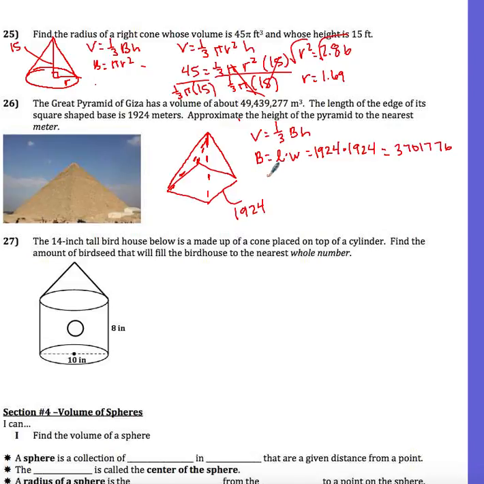Okay, so I know that my volume, 49,439,277, is equal to 1/3 times this big number here times the height. So we can go ahead and simplify that a little bit. We're going to keep this side.